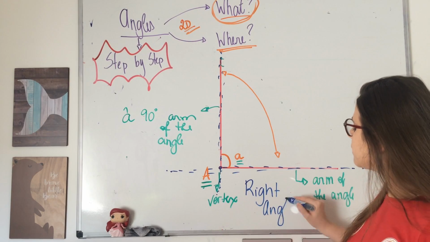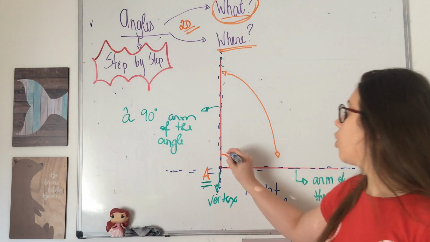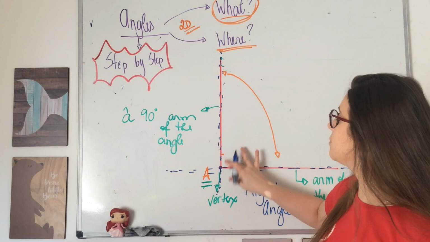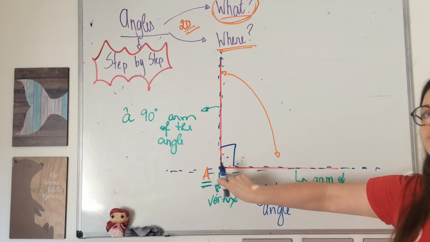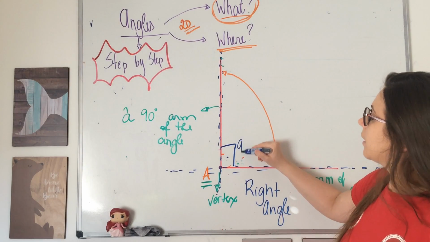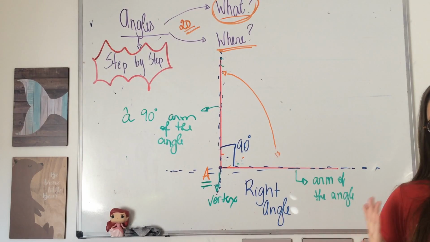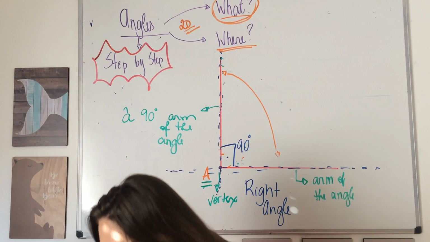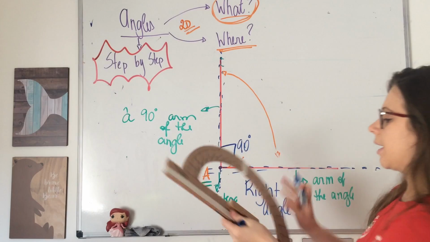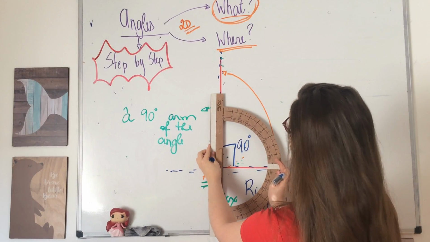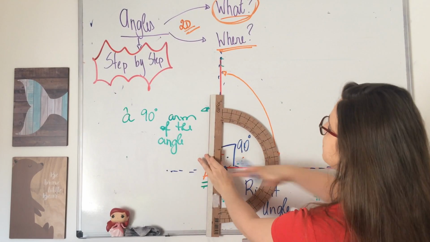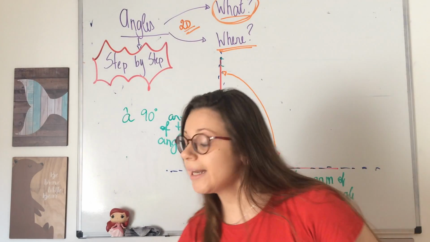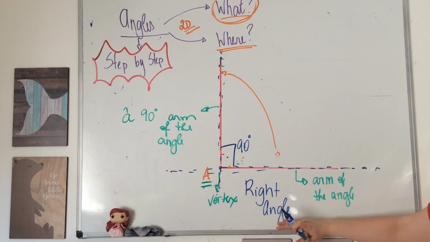So a right angle is an angle of 90 degrees, and we mark it like this. This is the symbol for the right angle. It has to be 90 degrees. When I come with my protractor, I need to find 90 degrees because it's perfectly vertical and perfectly horizontal, and I call it a right angle.